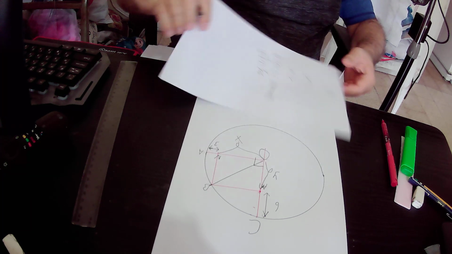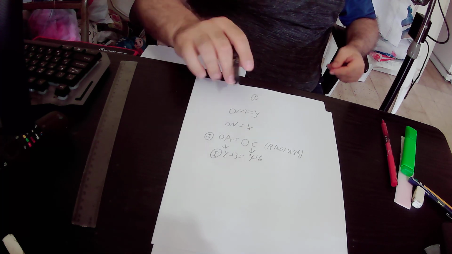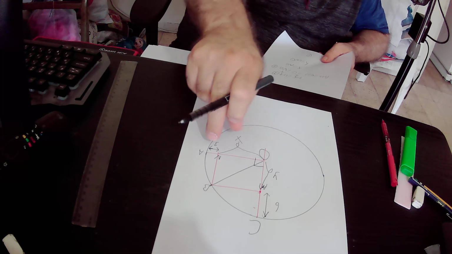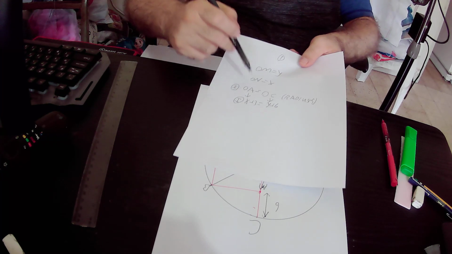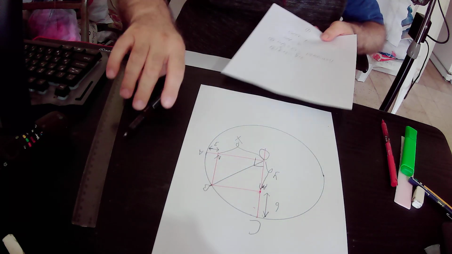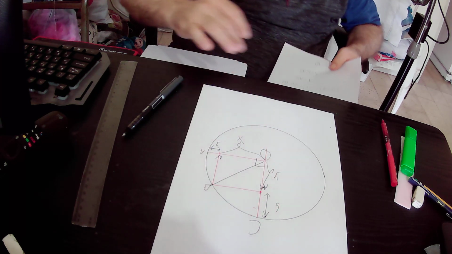Again, in the first equation, we know that OA equals x plus 3, and OC equals y plus 6.